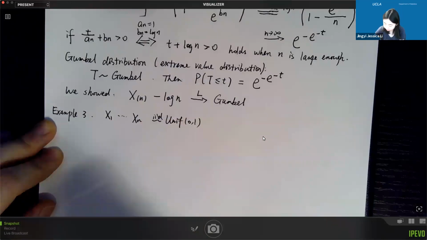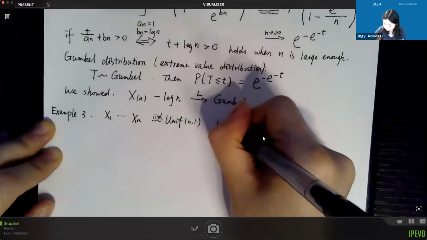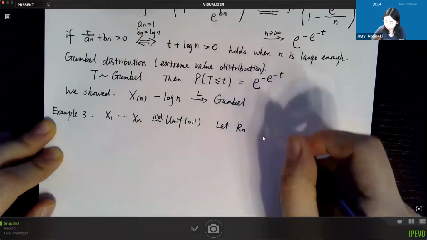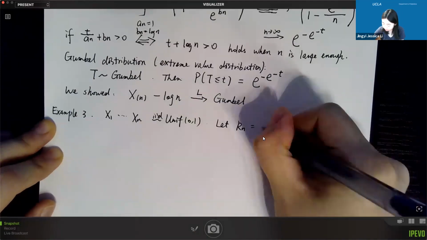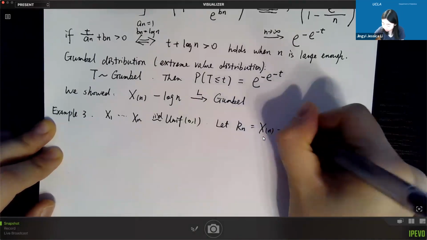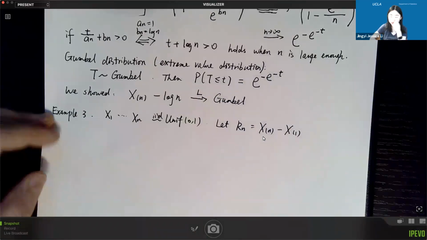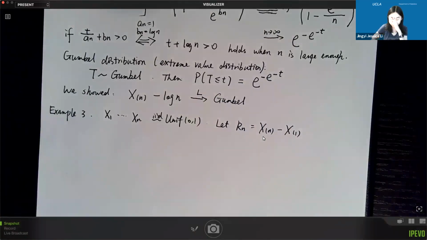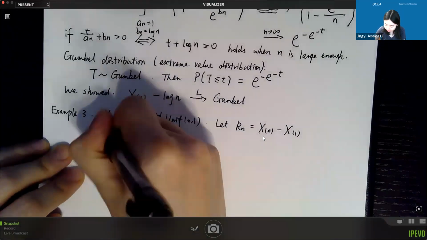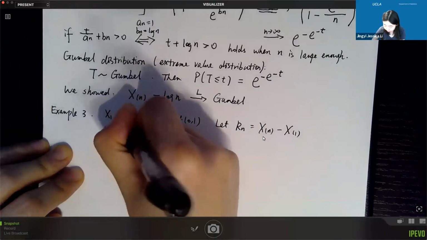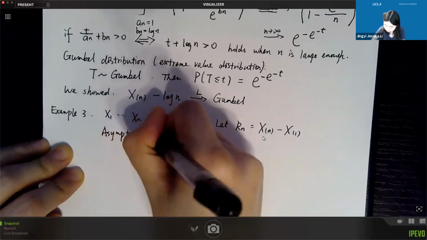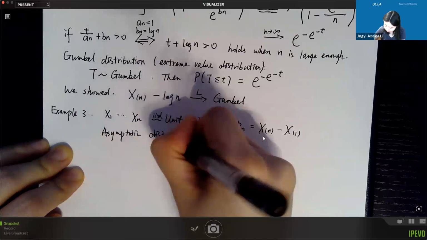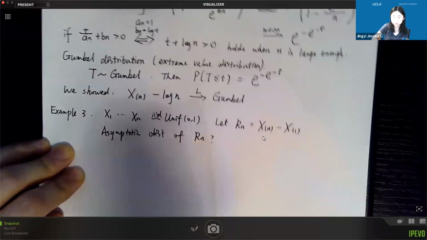And we define what we call the range, Rn, to be the maximum minus the minimum. So we're interested in the range covered by this x1 to xn sequence. And then the question is, what is the asymptotic distribution of the range? The range itself is a statistic.